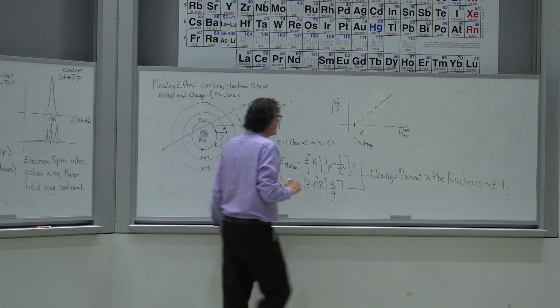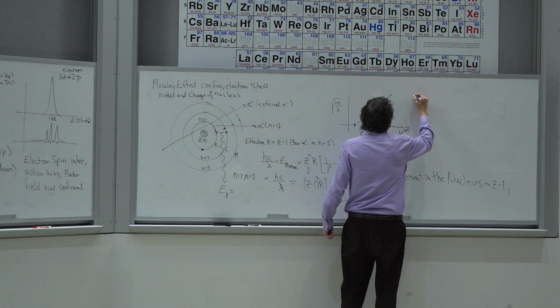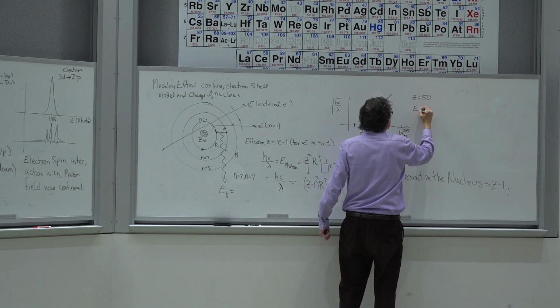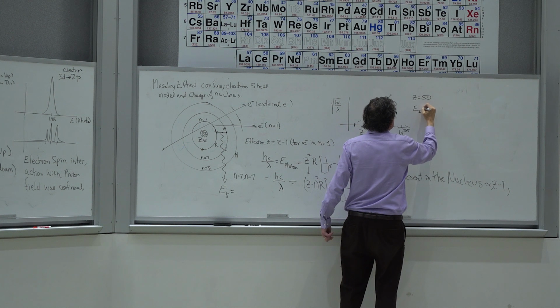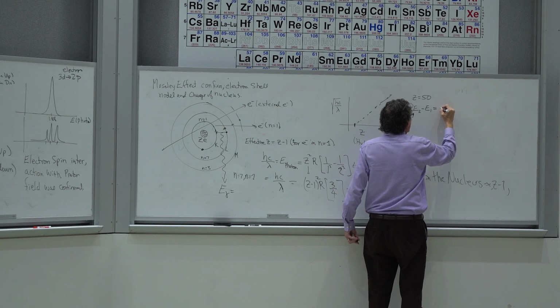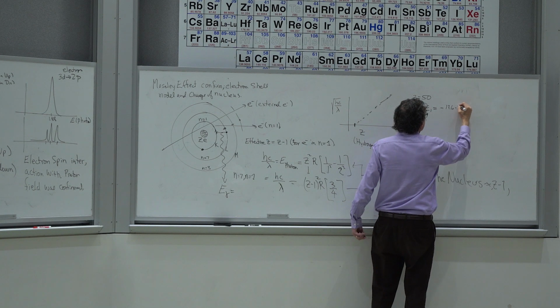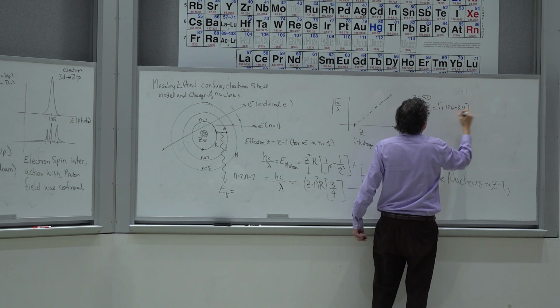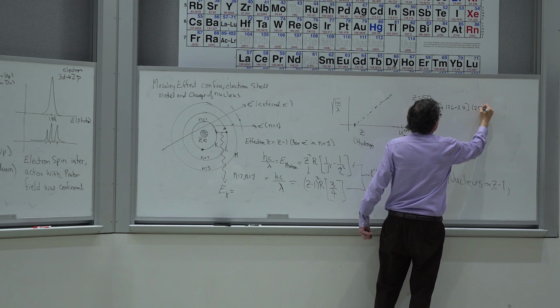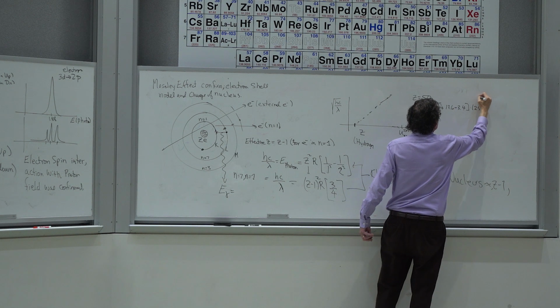For example, if I take Z equal to 50, then what I expect is that the photon energy for an n equals 2 to n equals 1 transition is not simply 13.6 minus 3.4, but it's going to be times 2,500, which is 50 squared.